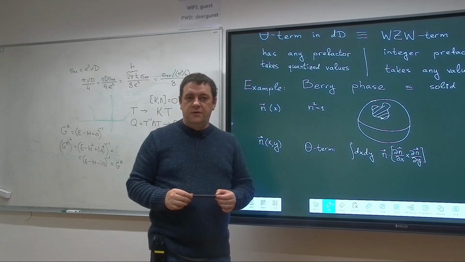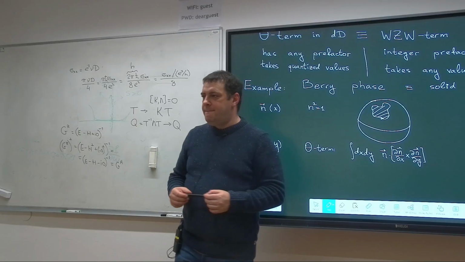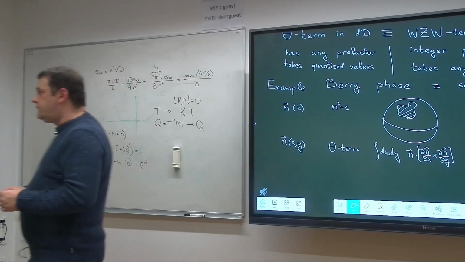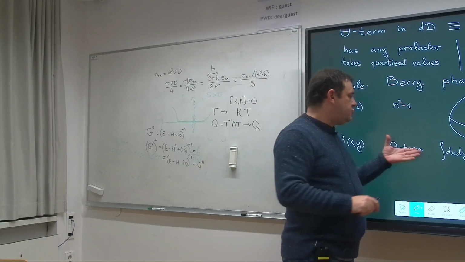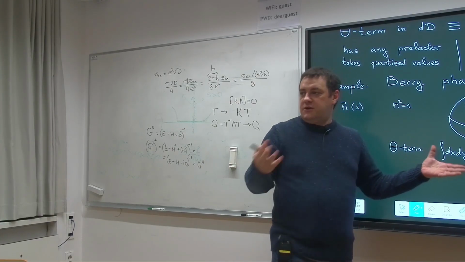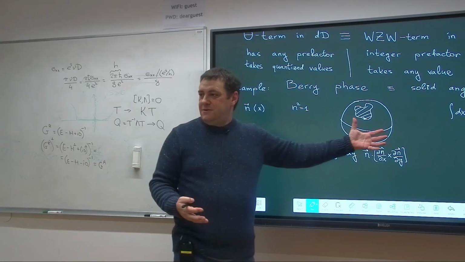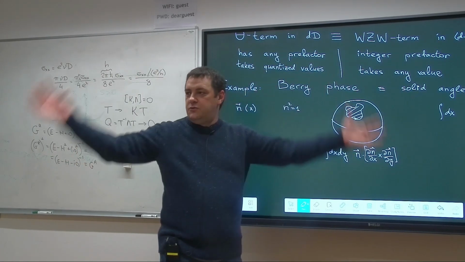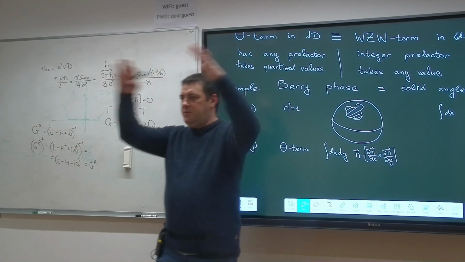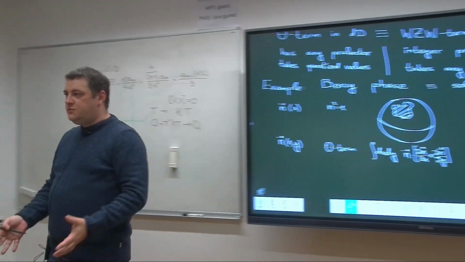Okay, so you mean that they're equal in terms that they have the same expressions, but they are applicable for different situations? Yeah. So the degree of the map actually is the solid angle divided by 4 pi. 4 pi means you covered it once, 8 pi means you have covered it twice, and so on.